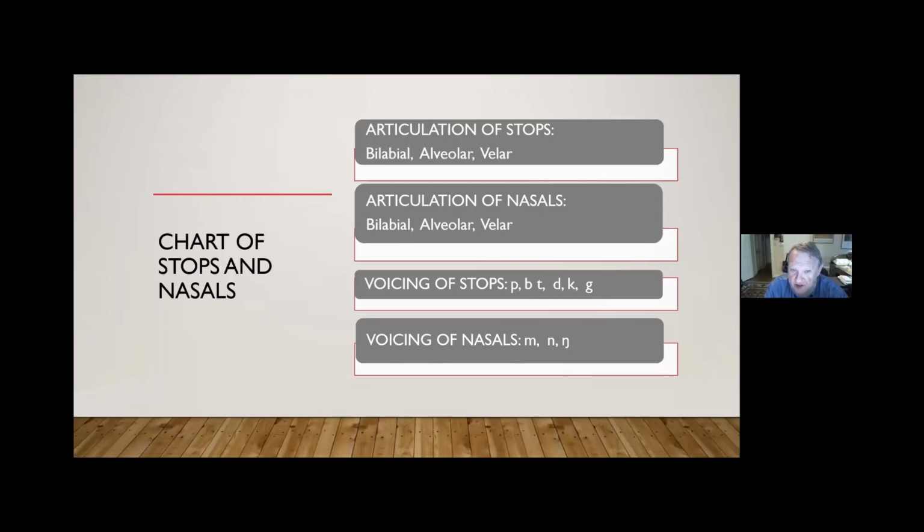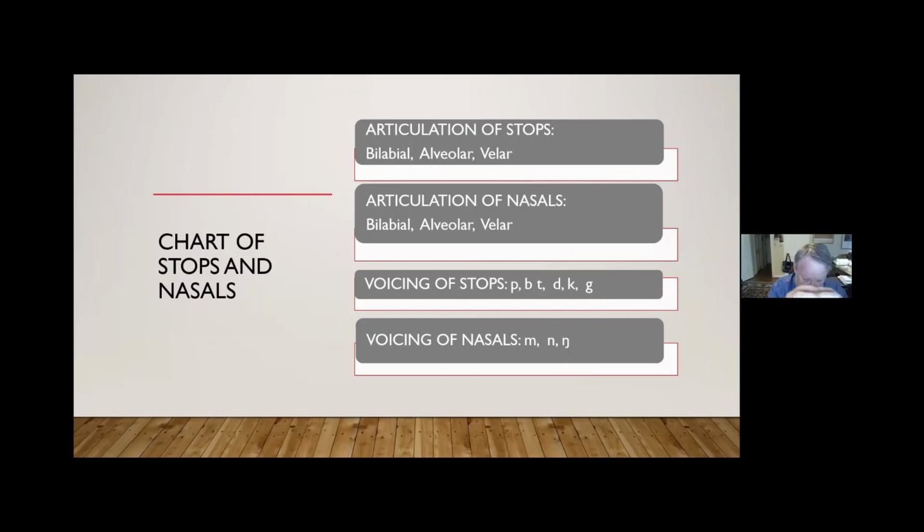The three places of articulation, as I said, are bilabial, alveolar, and velar. The nasals are produced in the same places: bilabial, alveolar, and velar. But notice that there's a difference between a stop and a nasal.